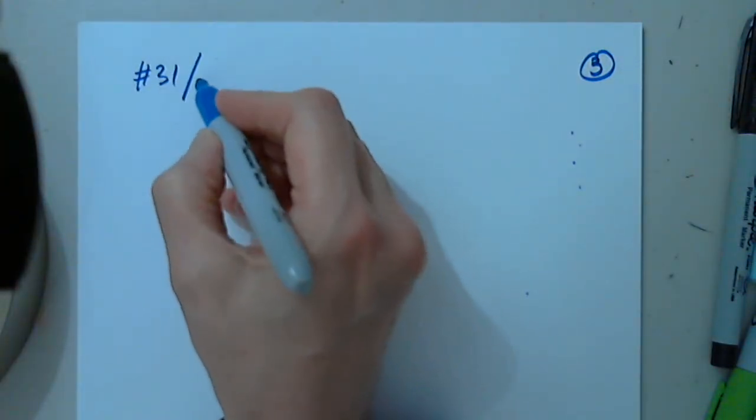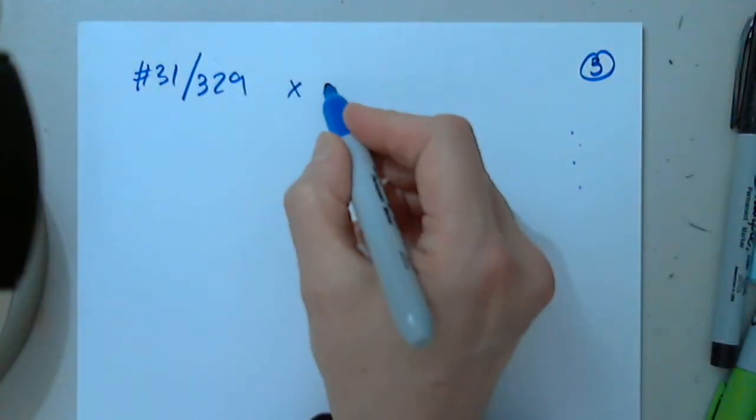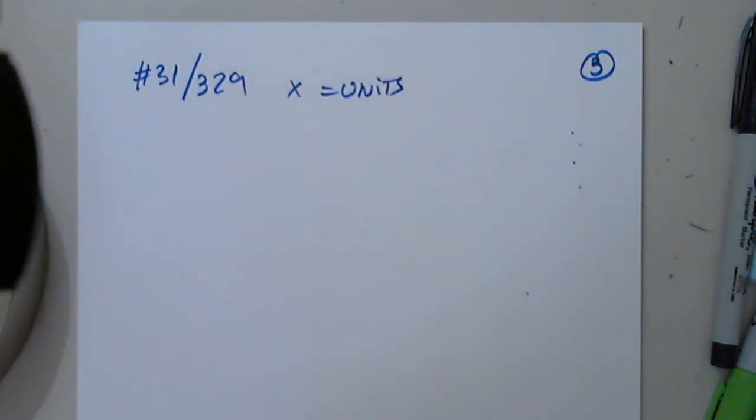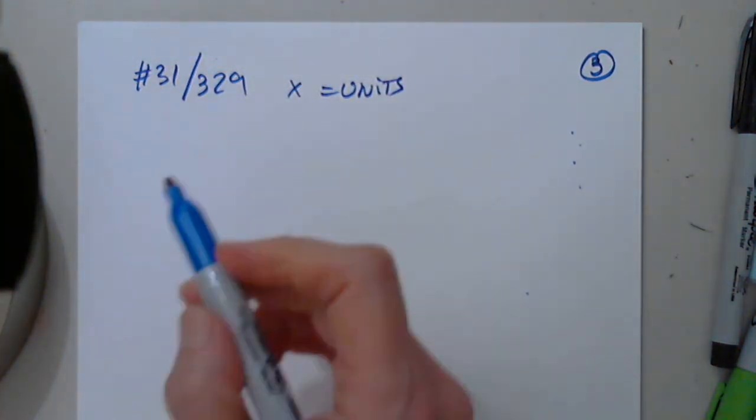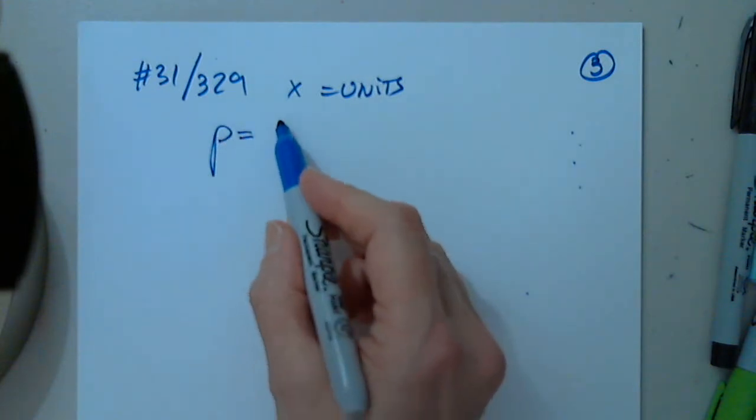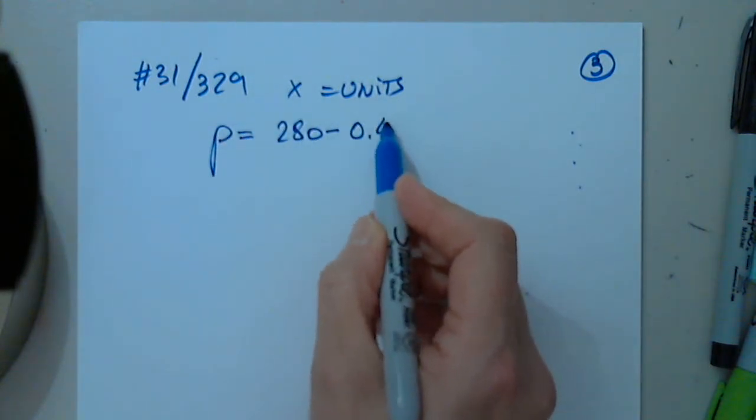So let's start with 31, because I would like to assign 32. So you have a similar example. Maximizing profit, 31, again on page 329. Riverside Appliances is marketing a new convection oven. It determines that in order to sell x ovens, units, the price per unit is lowercase p equals 280 minus 0.4x.